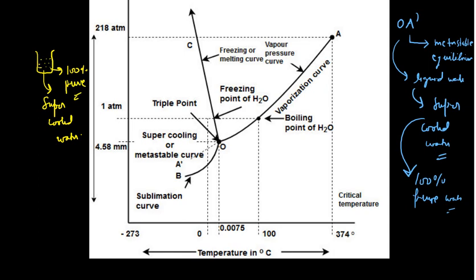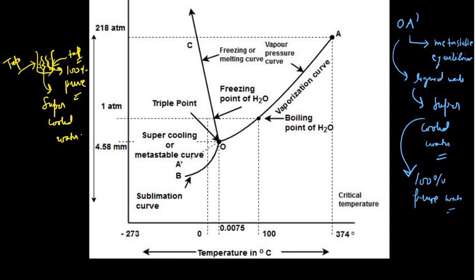So, why is it the metastable equilibrium? If you tap it with your finger, or with your glass rod, a very gentle hit, the moment you tap it, crystallization of the ice occurs immediately.